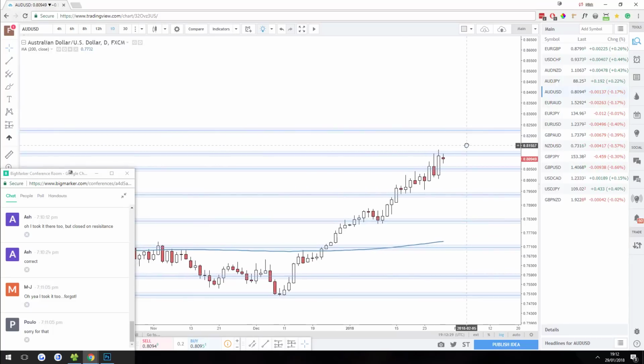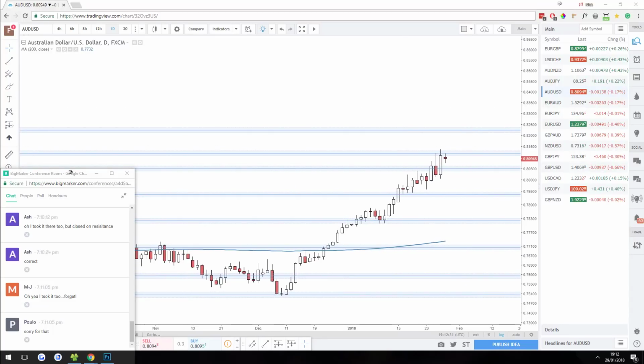At first glance, you might not think so, but take a close look at what's going on here. First, this candle pushed up to here, hit this resistance area, retraced immediately, and closed at this low. So it made a new low, essentially. That was the first sign that there's some sellers up here.